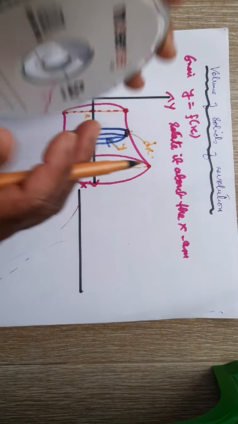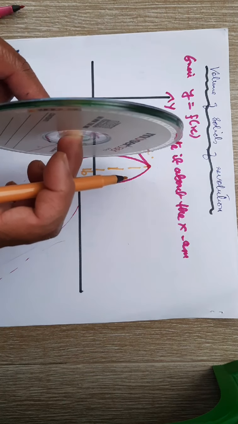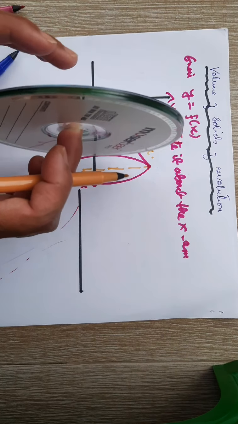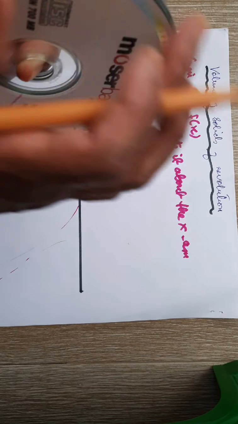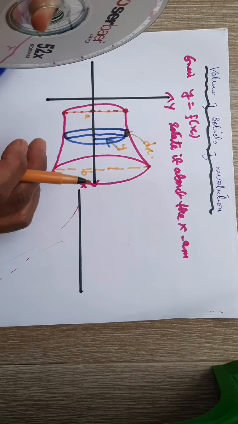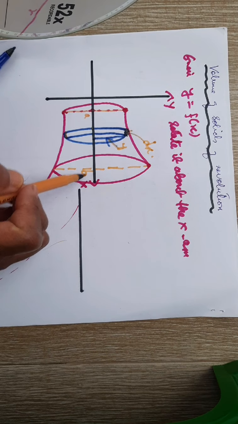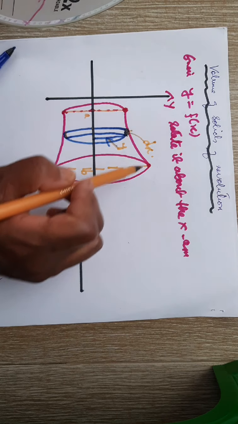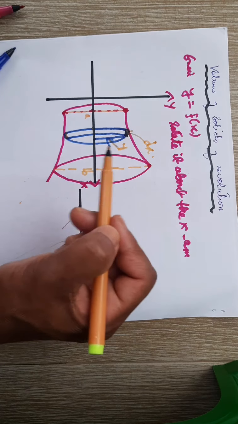Now if you cut this body in this way into many discs, then you can calculate the volume just by calculating the volume of that single disc, and then integrate it from x is equal to A to x is equal to B in order to get the volume of this whole solid after revolving it about the x-axis.